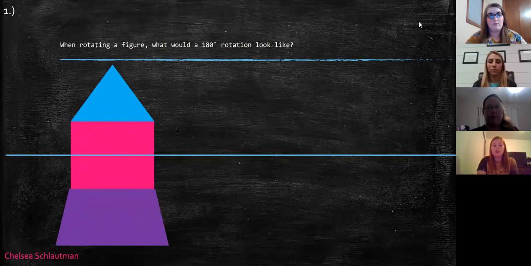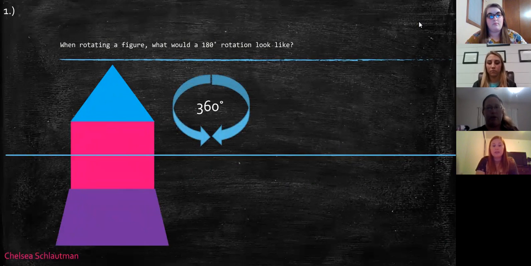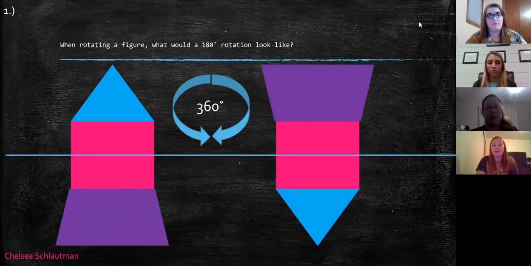We're going to circle this shape around in a rotation, and that square is going to stay in the same exact position. A circle, as I said before, is 360 degrees. So for 180, that's half of 360. So we're only going to rotate this figure on the left halfway around the circle. If you rotate it halfway, you see that the triangle is flipped to the bottom, and then the trapezoid is on the top.